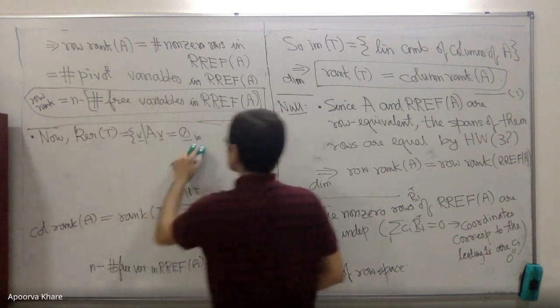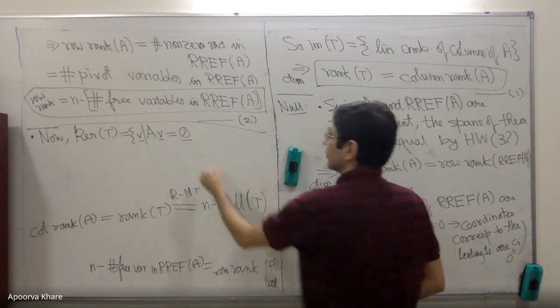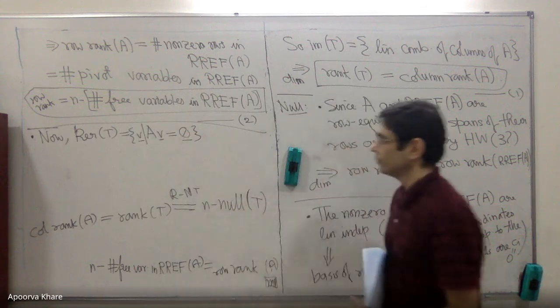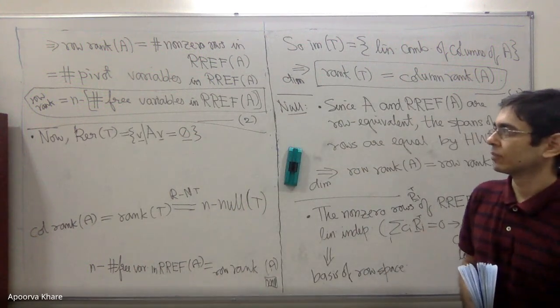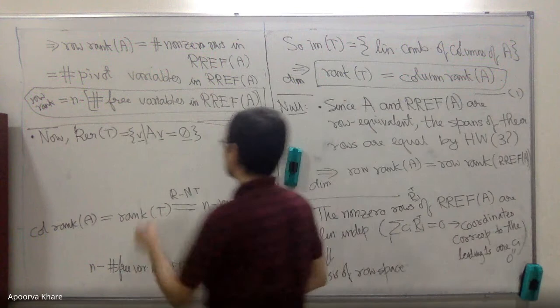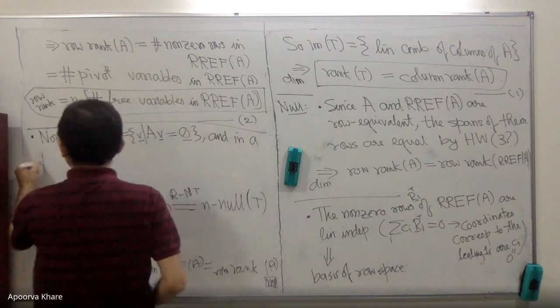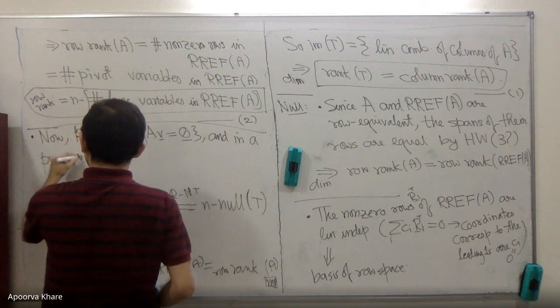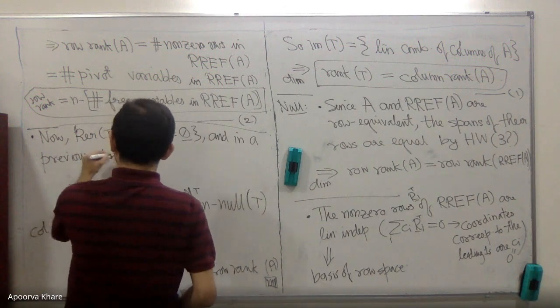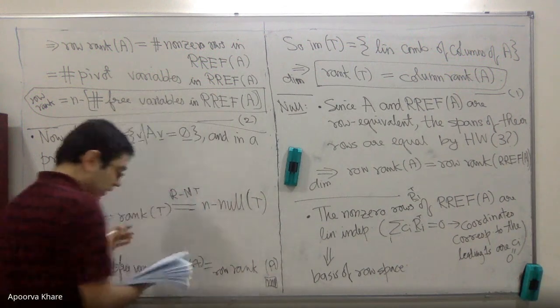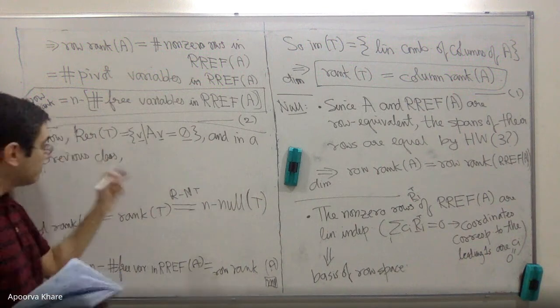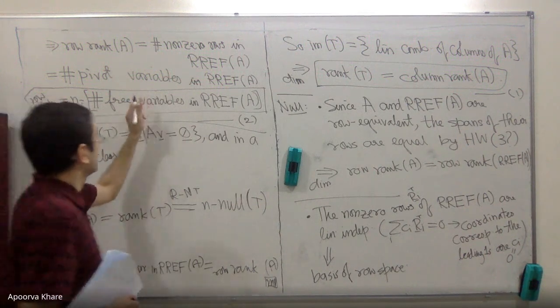Sorry, there's no W, it's just F to the n. And in the previous class, this is where we wrote down that missing connection. We wrote down the basis for this, with one vector for each free variable.